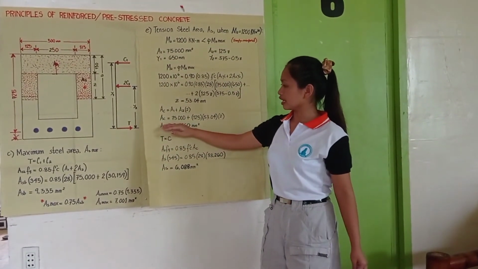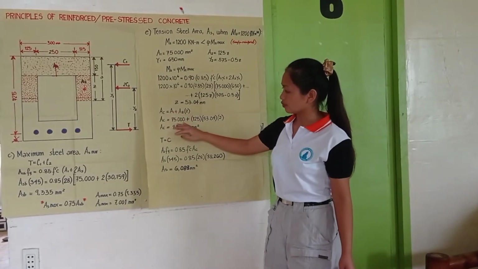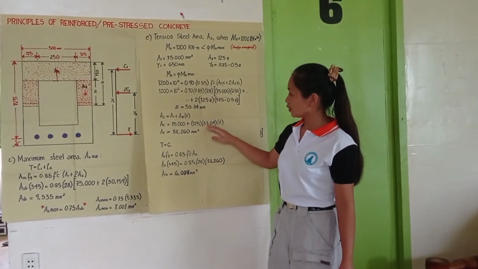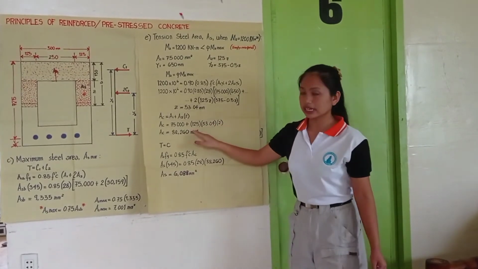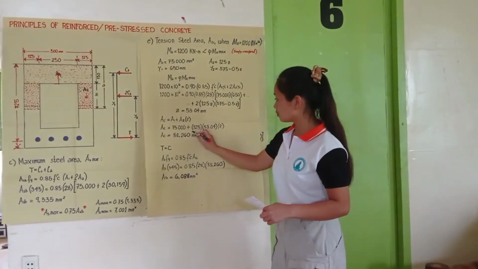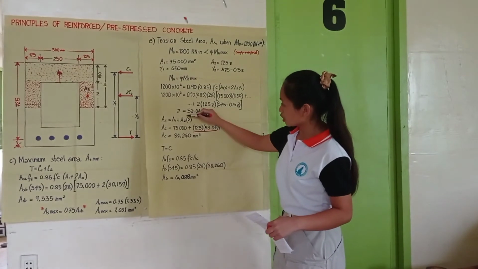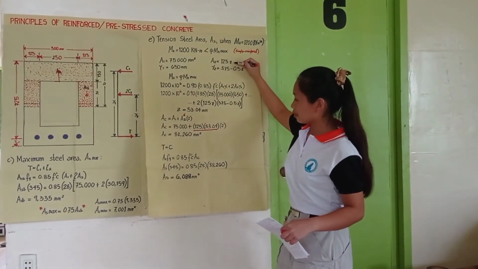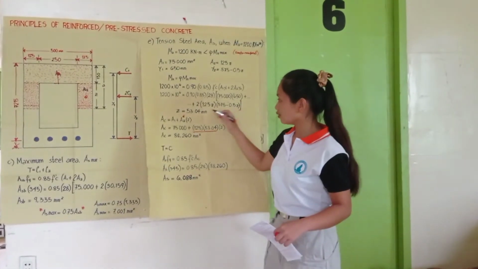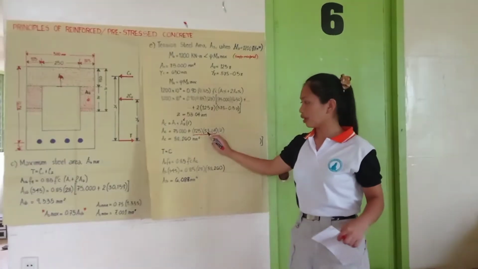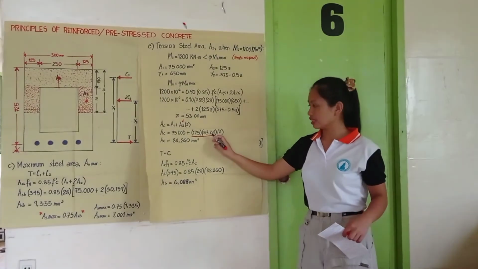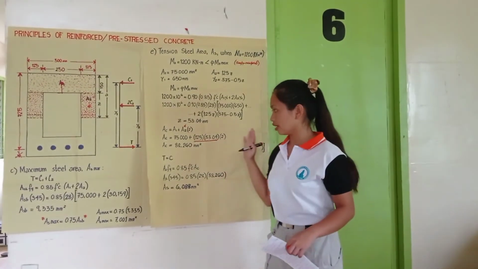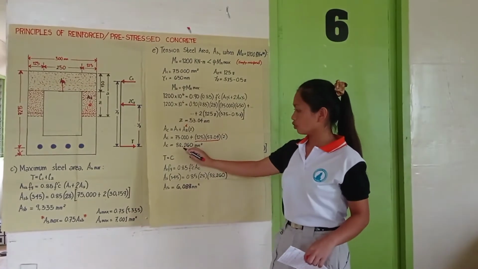So we have AC equal to, we will substitute A1, 75,000, plus 125 times 53.4. That refers to our A2, which is 125 times Z. And since we have solved the value of Z, we will already write the number for Z here, times 2 because A2 has two areas.